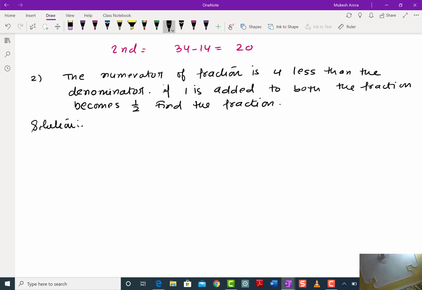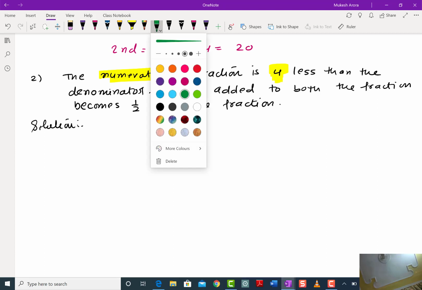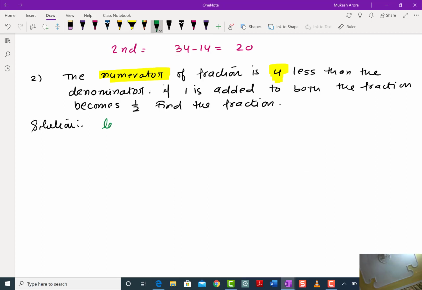The numerator is 4 less than the denominator. So let the denominator be x. The numerator will be x minus 4.